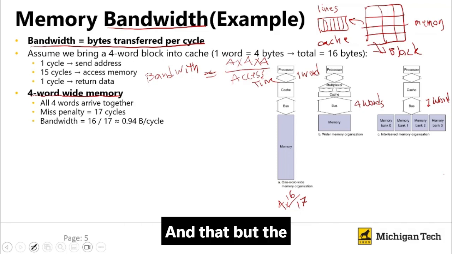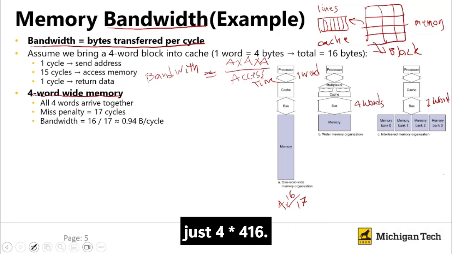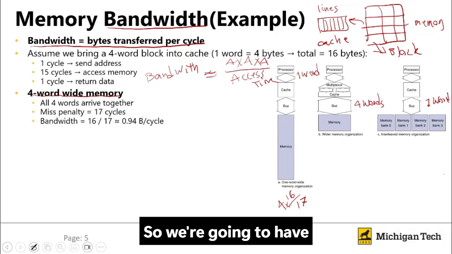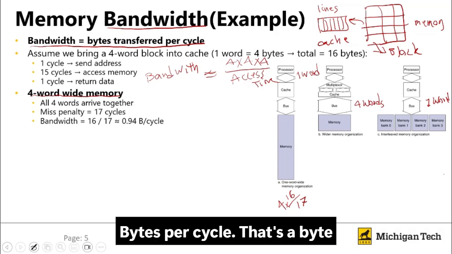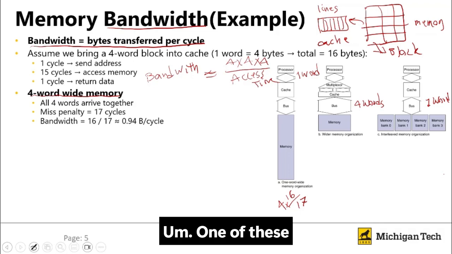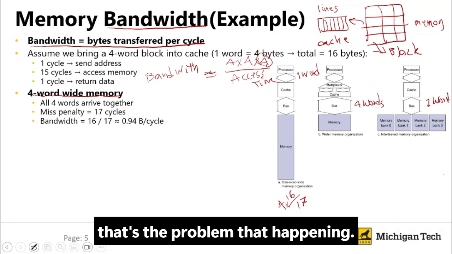But for the bandwidth, instead of having 4 of these, we have just 4 multiplied by 4, 16. So we're going to have something like 0.94 bytes per cycle. That's bytes, it's not words anymore. One of these 4s is because of changing to bytes.